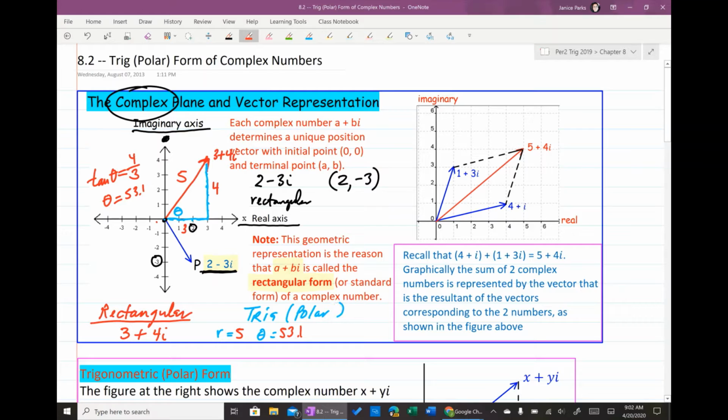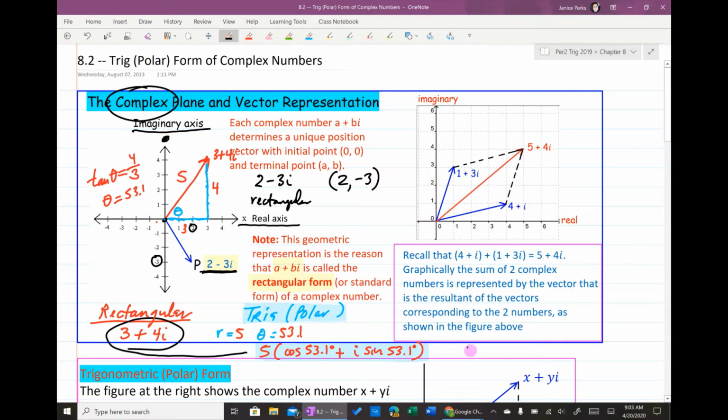So when you write trig polar form, you would write 5 cosine 53.1 plus i sine 53.1. This is polar form, because if I multiply this out, I will get this.